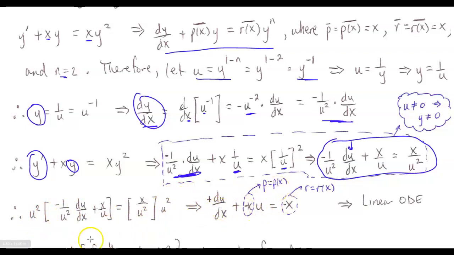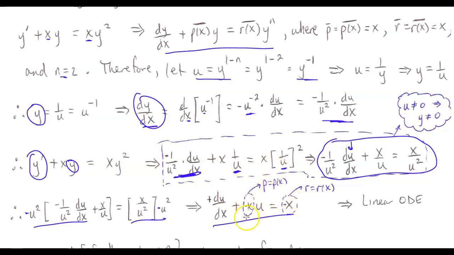I just did it in 2 steps instead of 1. So if I multiply by u squared first here, then I end up getting just minus du over dx, and this is u times x, and then I have x over here. But then if I multiply everything by negative 1, then of course I get what you're looking at here. Okay, so I guess I'll just go ahead and write in the negatives here because that's really what I did.